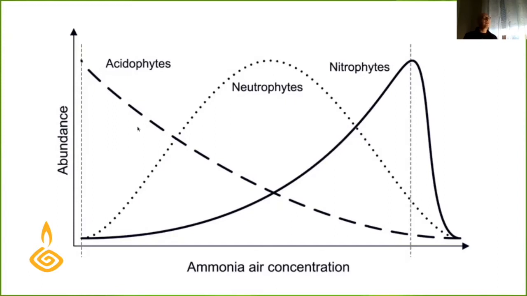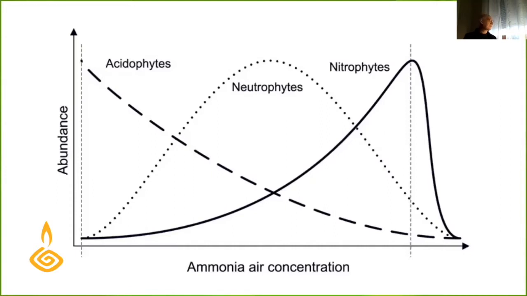The species cannot tolerate high concentrations of ammonia, so they decrease with increasing ammonia concentration. There are species which are insensitive, not favored by ammonia in the air, so their reaction is neutral. And there are so-called nitrophytic species, which are important, which are stimulated, promoted by ammonia.